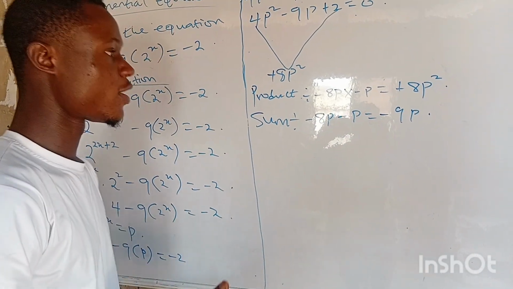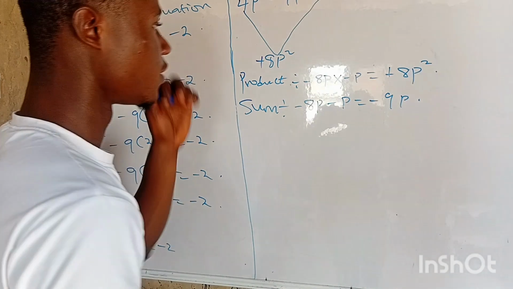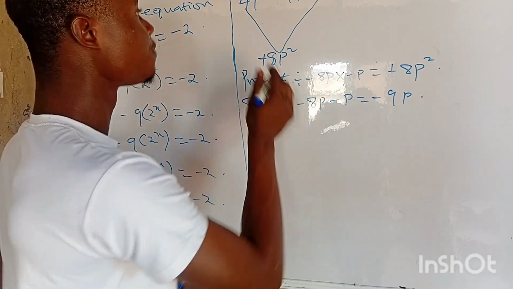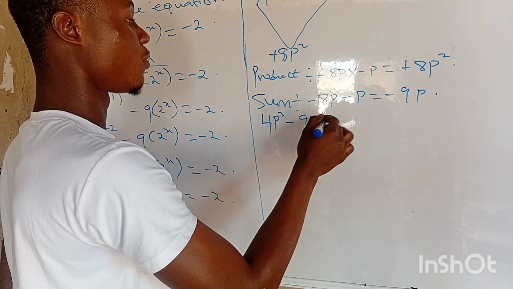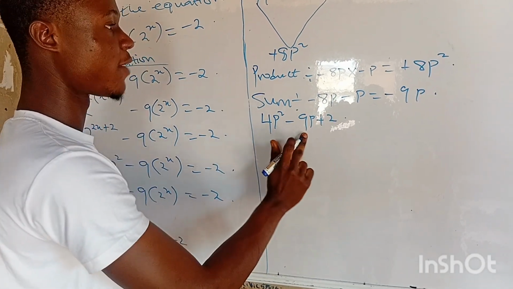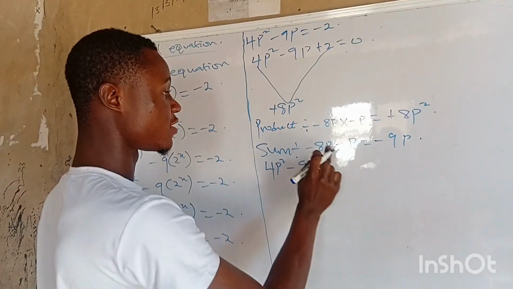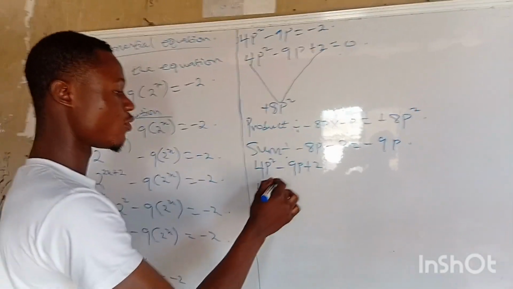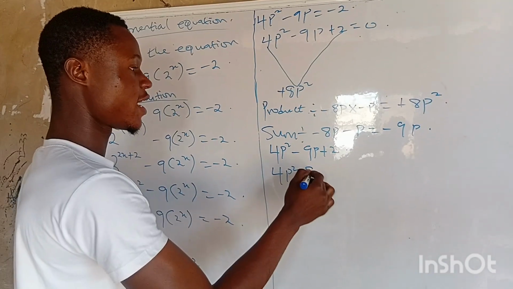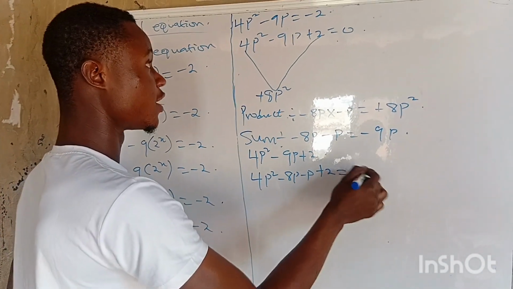That means we have eventually gotten the factors that we are going to use to solve the equation. So definitely we have 4p² − 9p + 2. Anywhere we see −9p, you put −8p − p, which is the sum. That is 4p² − 8p − p + 2 = 0.